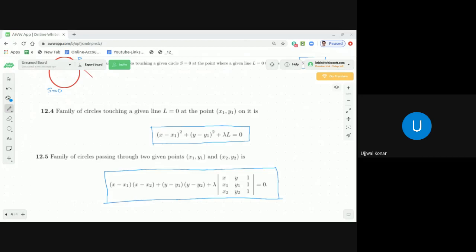With this, we are done with the family of circles. Now, the next point I'm going to discuss is the orthogonal intersection of two circles.